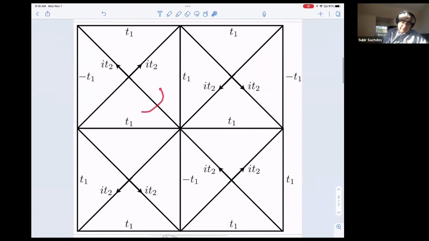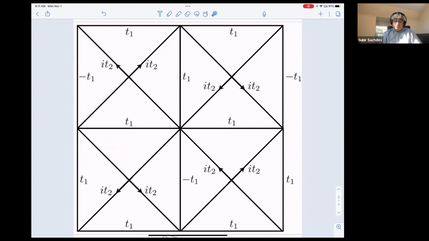So if I go around this way, this is +1, i, and I'm going the wrong way, so that's minus i. If I go here, you will see it's i, +1, -1, so that's minus i, and so on. You can pick any triangle you want, and unless I made a mistake, you get a minus i around every triangle.